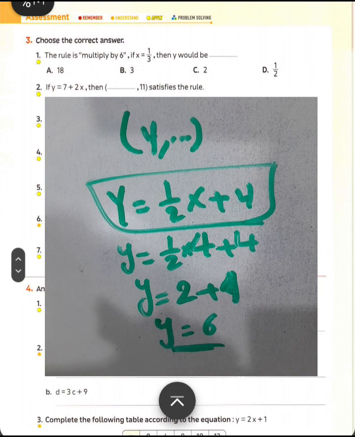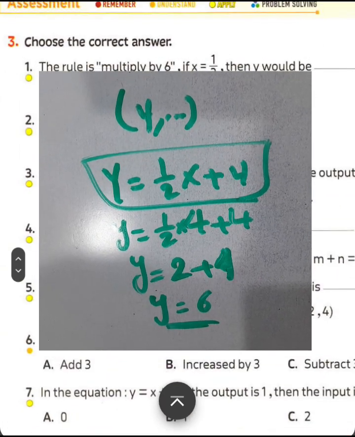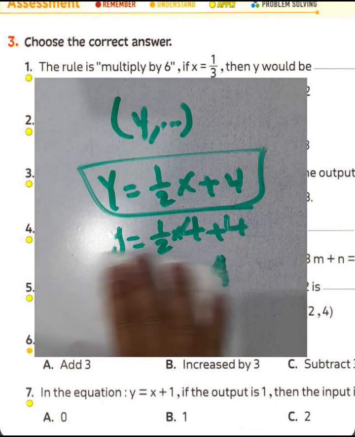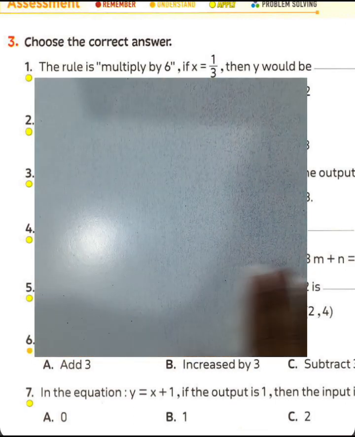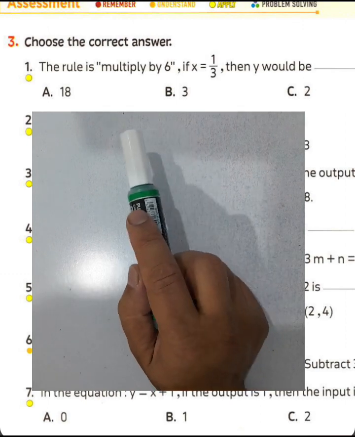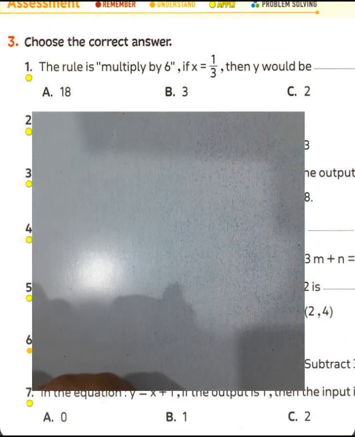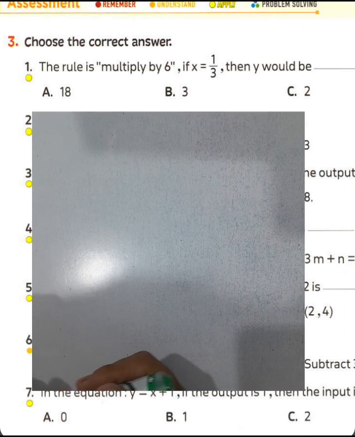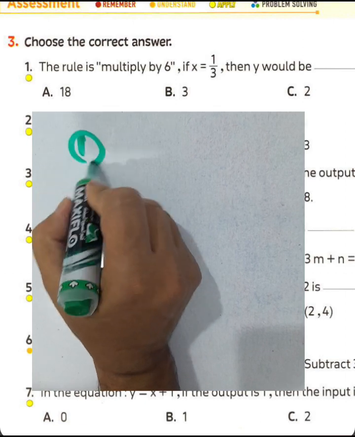Question number 2, choose the correct answer. If the rule is multiply by 6, if x equals 1 over 3, then y would be equal what? In this example, we can put x equals a third, then y would be what? The rule here is multiply by 6. You can find or write the rule about question number 1.